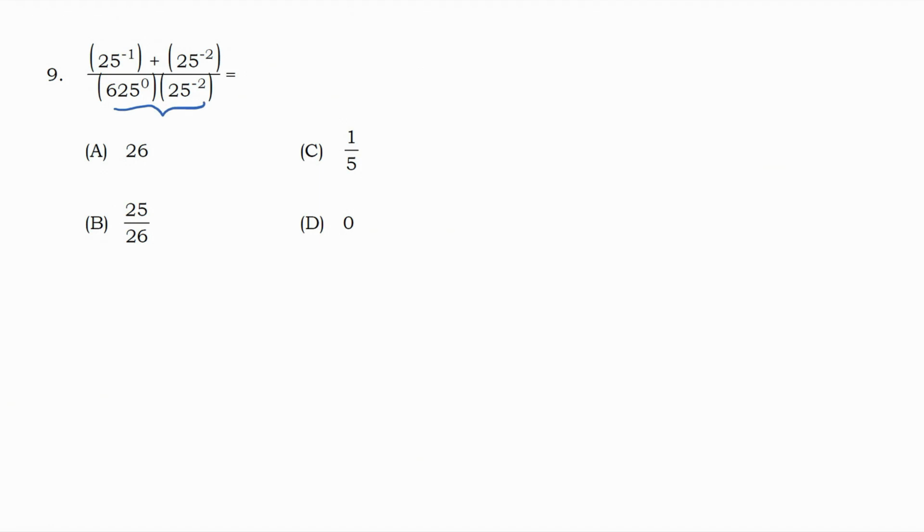So, yung 25 raised to negative 1 is also 1 over 25, plus yung 25 raised to negative 2 is 1 over 25 raised to 2. So, ayan. And then, all over, kapag yung number is ni-raised to 0, it will become 1.